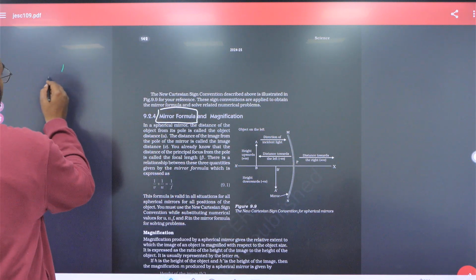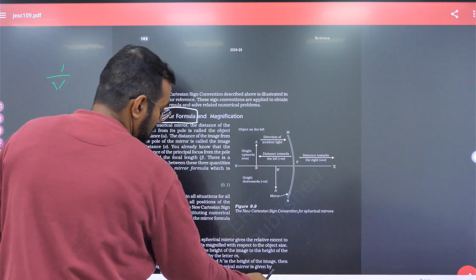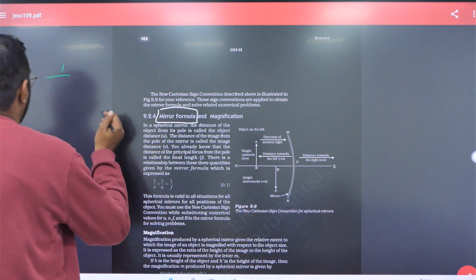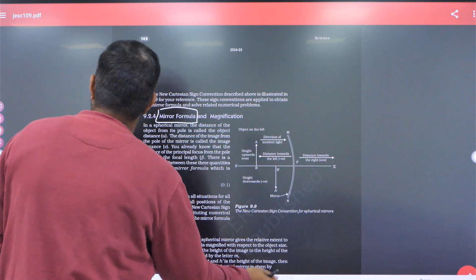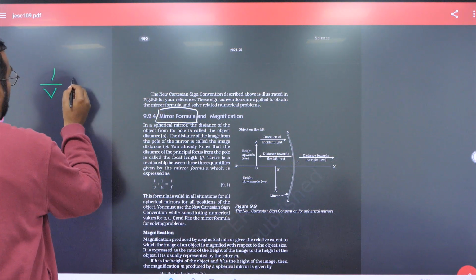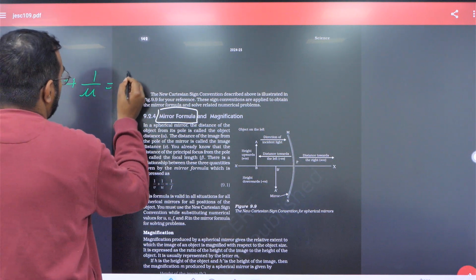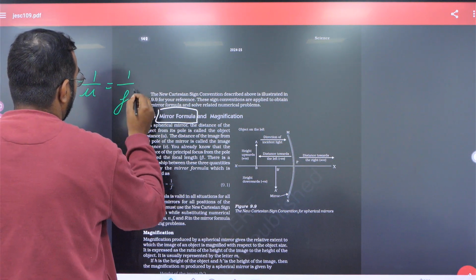Mirror formula is 1 upon v plus 1 upon u is equal to 1 upon f.